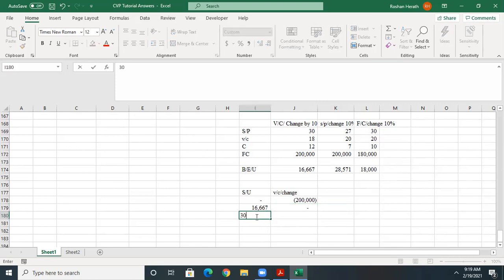So if you assume a particular level, let's say 30,000 units production level, then you can see the profit is going to be 30,000 minus 16,667 into the contribution, that is 12. This much of contribution.